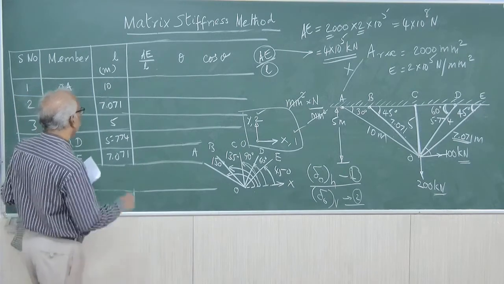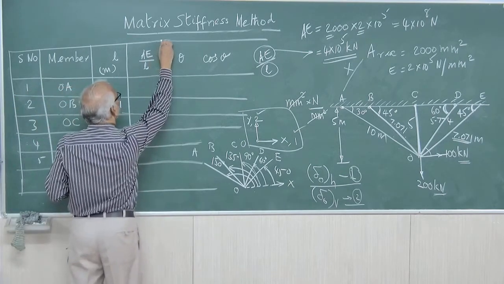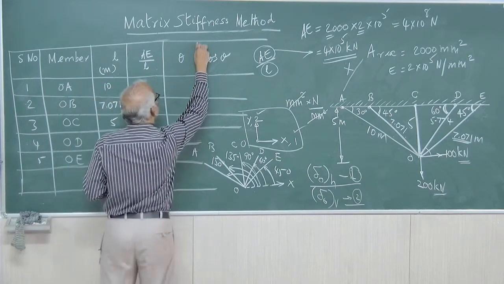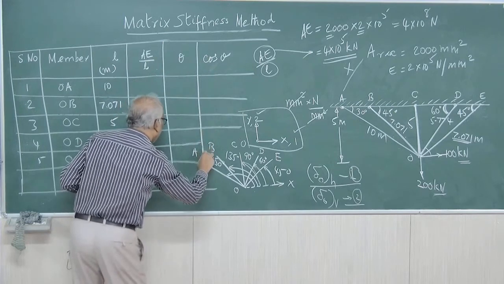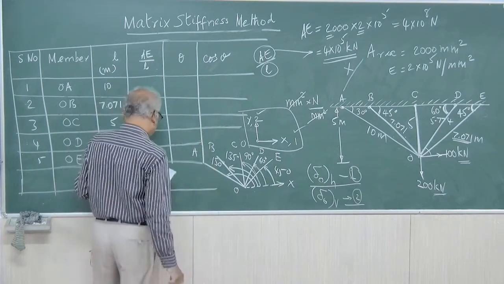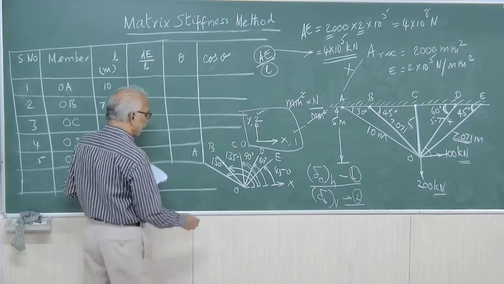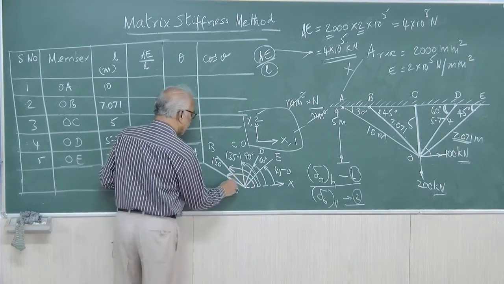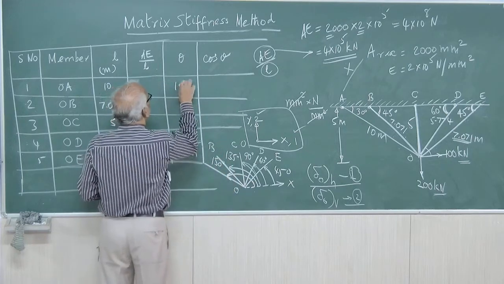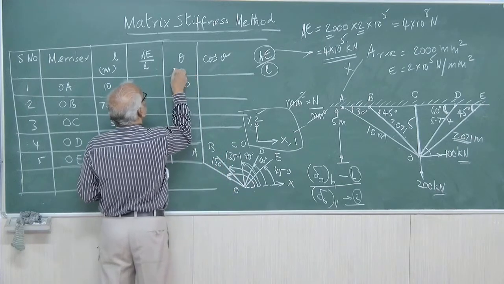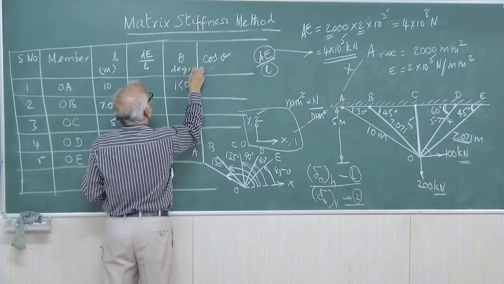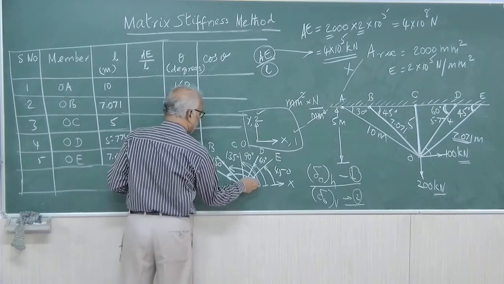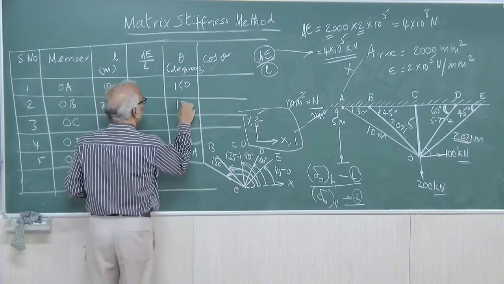Then we need theta values. For OA, the angle is 150 degrees. Theta in degrees is 150. For OB it is 135.